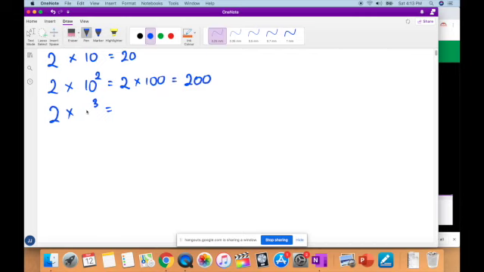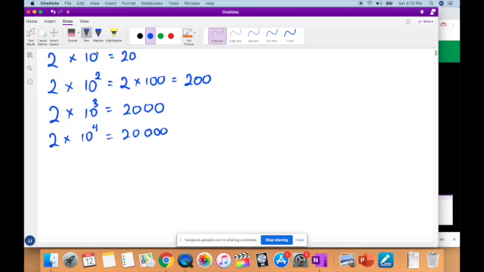Because 10 cubed is 1,000. Right. So 10 cubed is 1,000, so 2,000. What is 2 multiplied by 10 to the 4? 20,000.